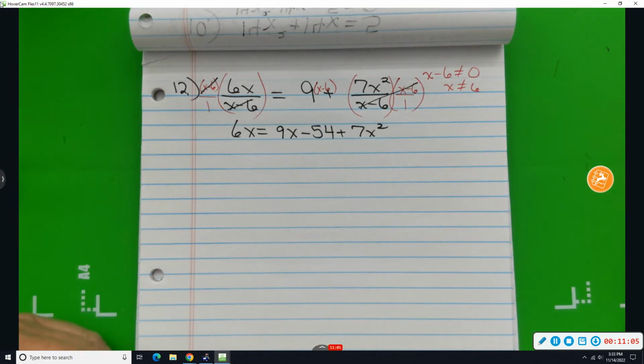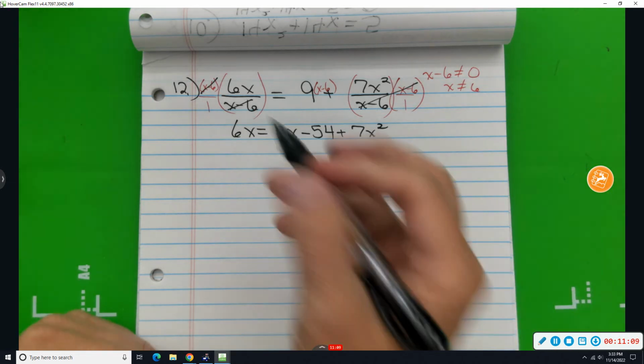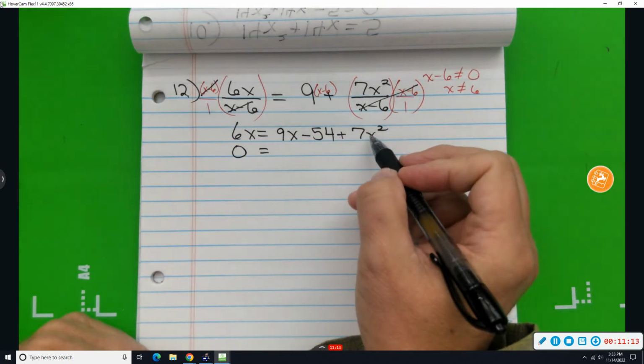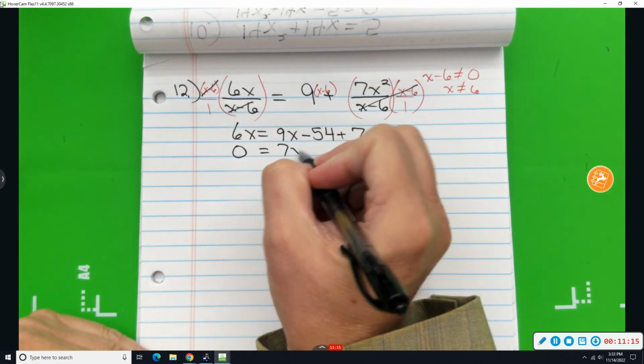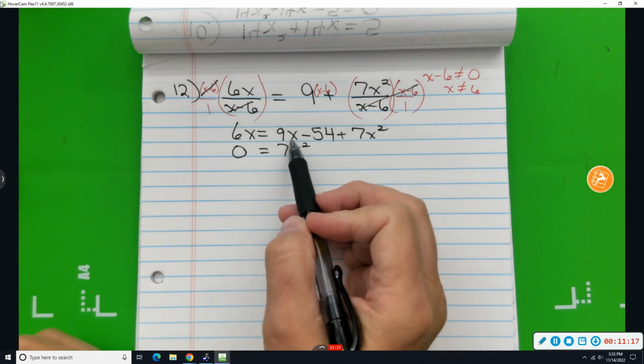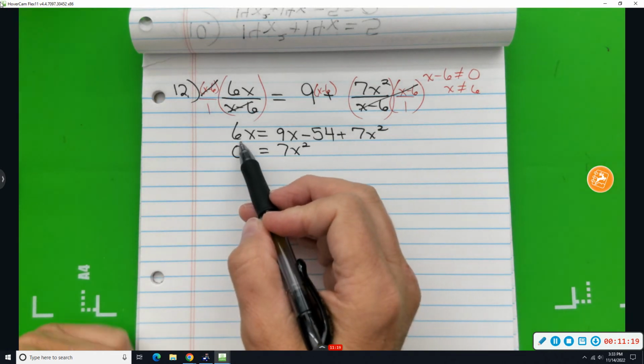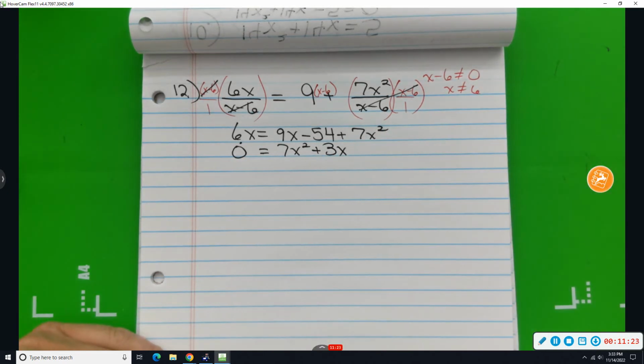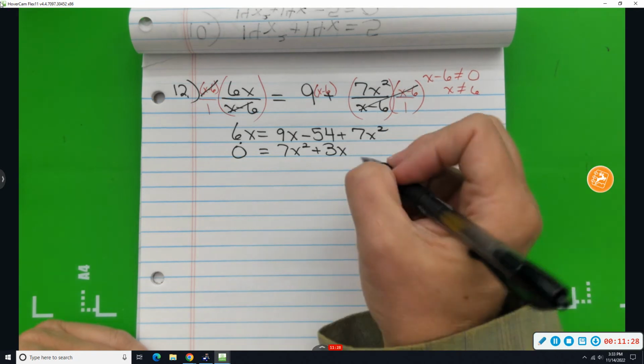And we need this equation set equal to 0, so why don't we move the 6x over? We have a 7x squared, 9x minus 6x, that gives me a plus 3x, and what else? A minus 54.